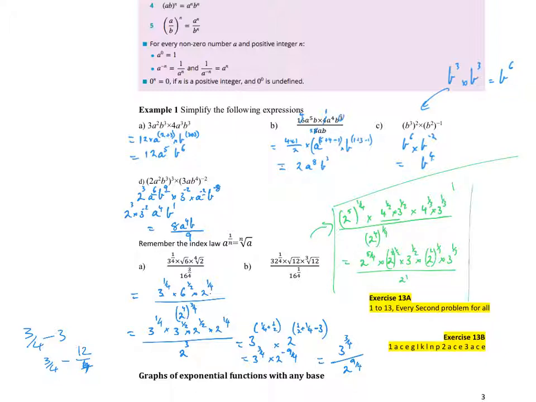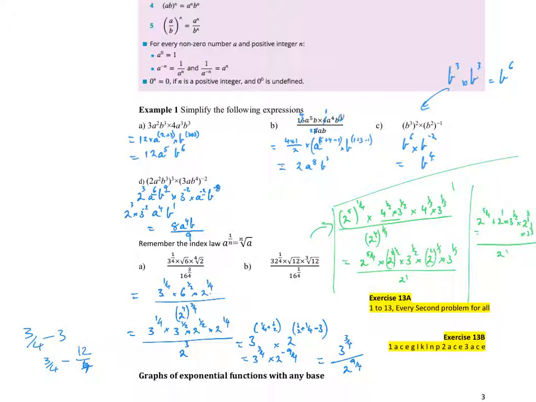Equal to, I get 2 to the 5 on 4 plus, what's that? 2 times a half is 1 times 3 to the half times 2 to the 2/3 times 3 to the 1/3 all over 2 to the 1.